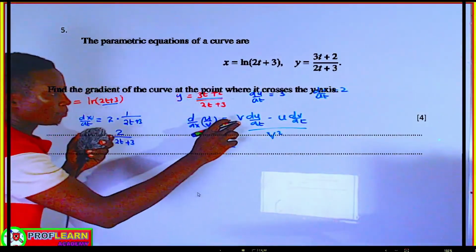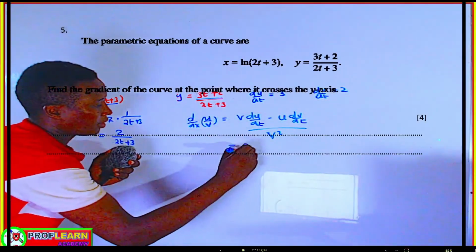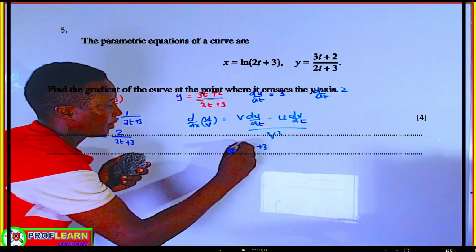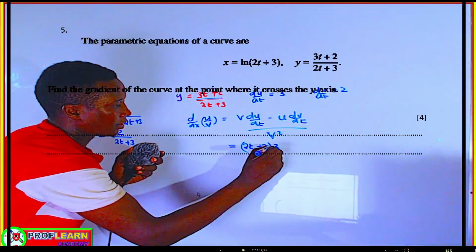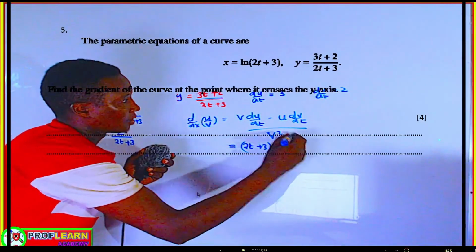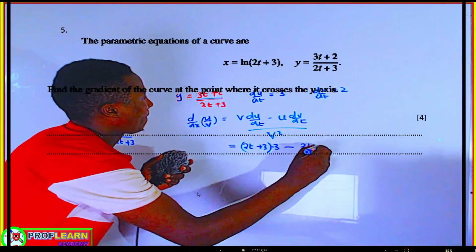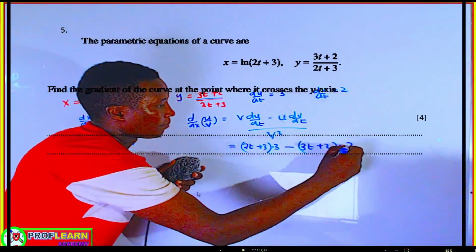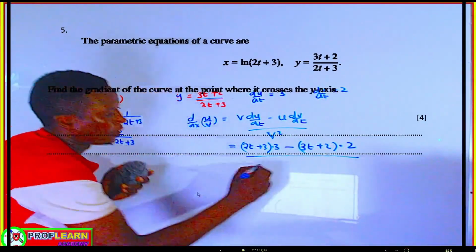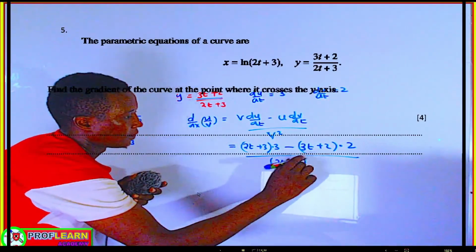So this is going to be v du dt: our v is 2t plus 3 times du dt, which is 3, then minus our u, which is 3t plus 2, times dv dt, which is 2, then divide by (2t plus 3) squared.